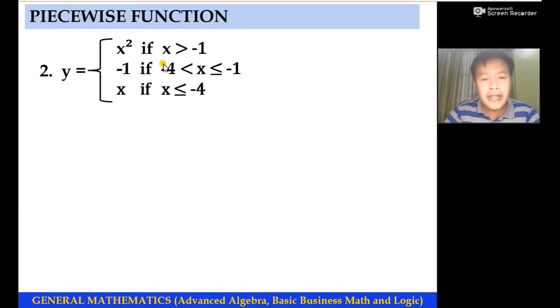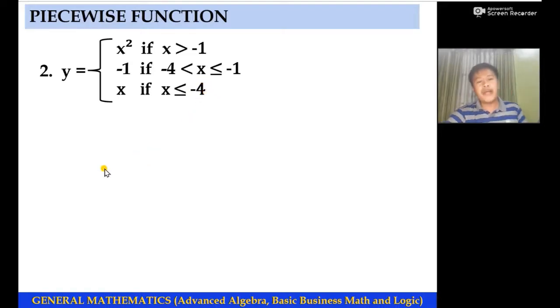Now, there is also a common abscissa here, which is -4 for the second and the third function. This is less than only. There is no equal sign, and in this domain, there is an equal sign. If there is an equal sign here, this is no longer a function because that will violate the vertical line test. But take note, in every two functions which are beside each other, there is a common abscissa.